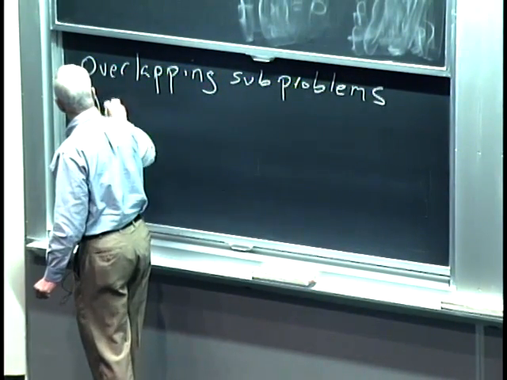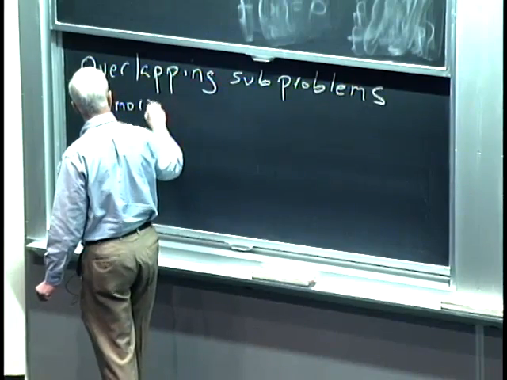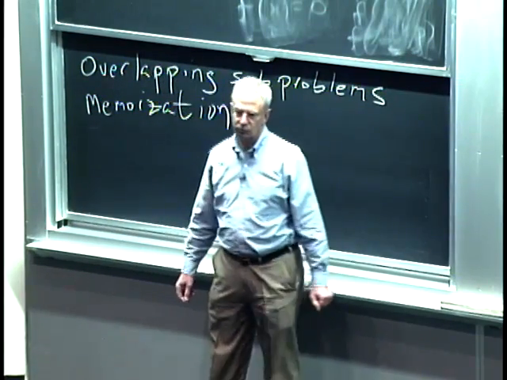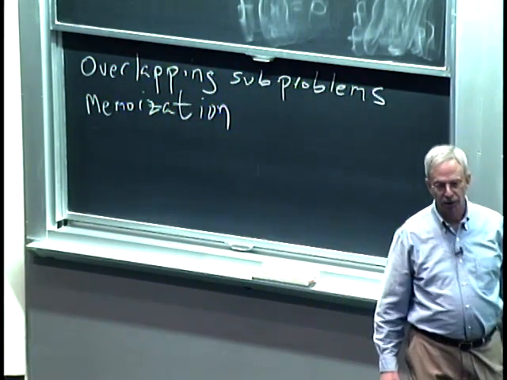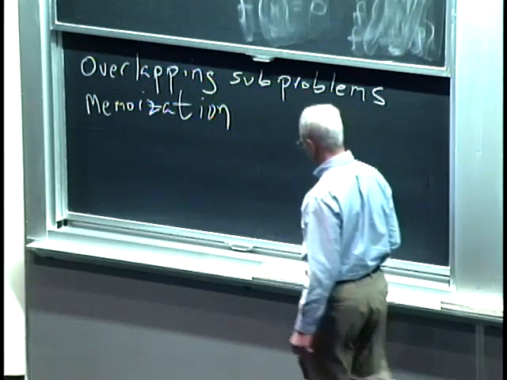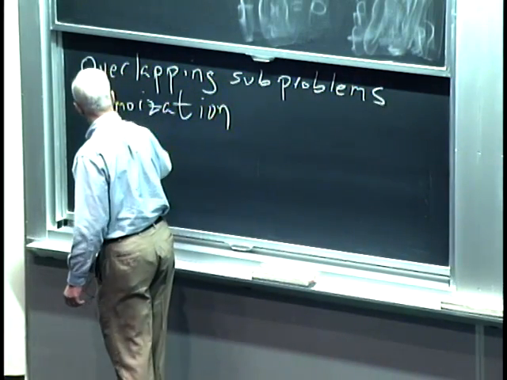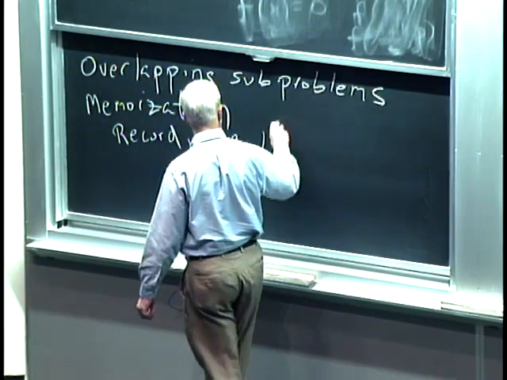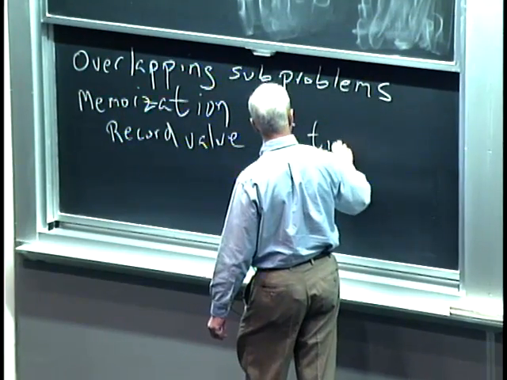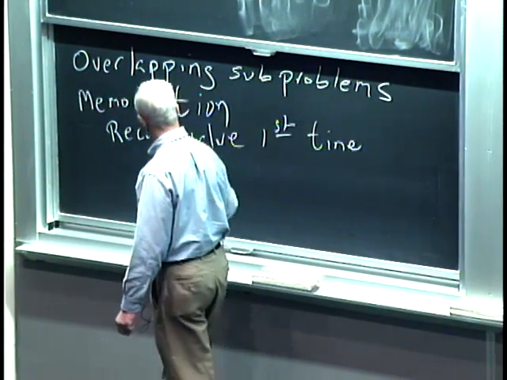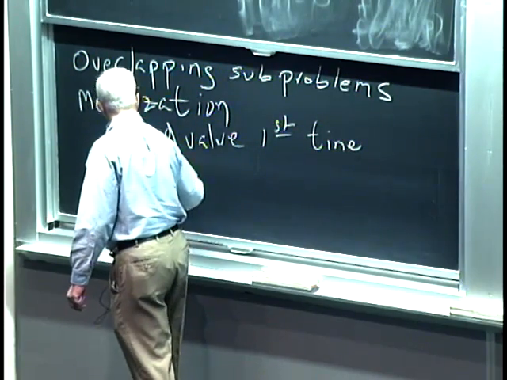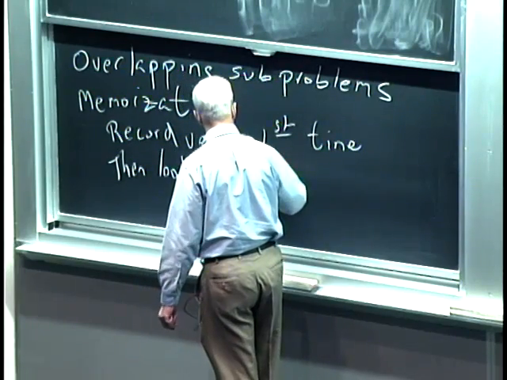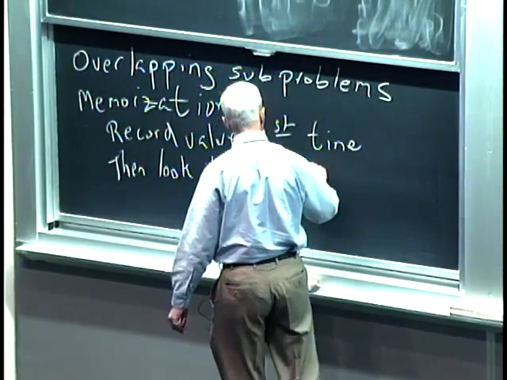That will lead me to use a technique I mentioned again last time called memoization. Effectively, what that says is we record a value the first time it's computed, then look it up the subsequent times we need it.